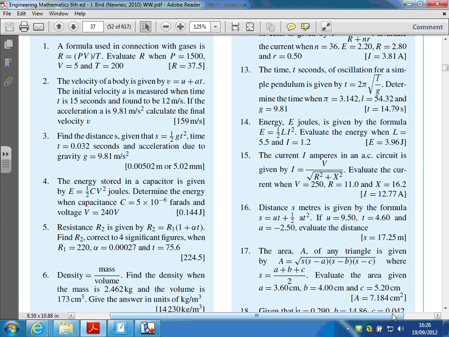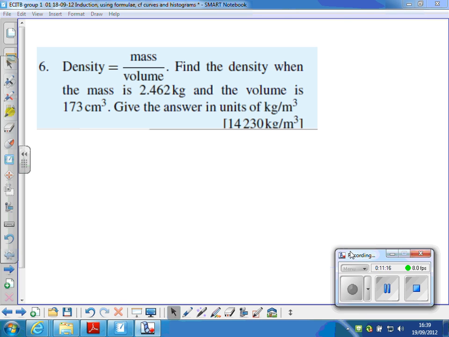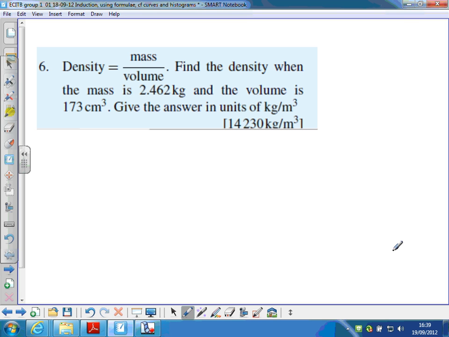doing some of these. Let me pause this. So in number 6, density is mass over volume. Quite a straightforward formula to use. We just need to know the mass and the volume, and I divide the mass by the volume and get the density. So deceptively straightforward.